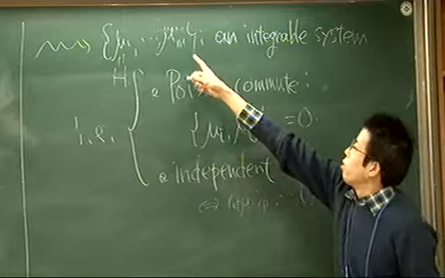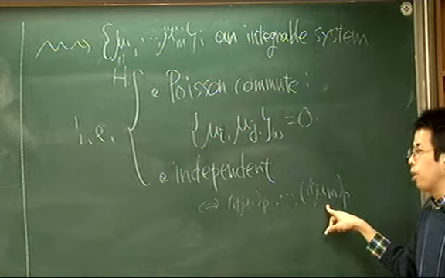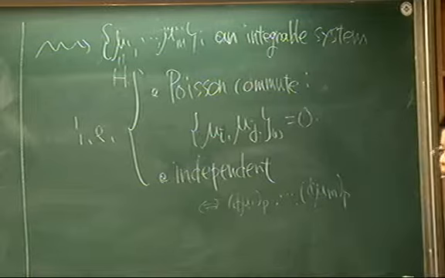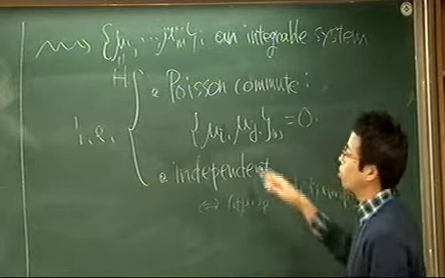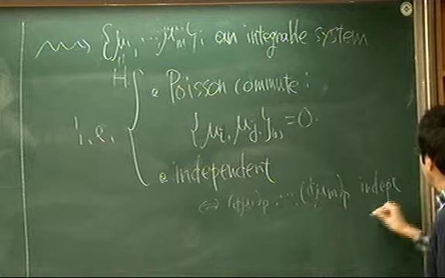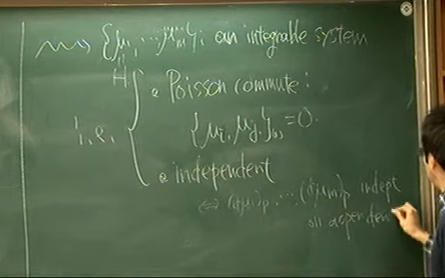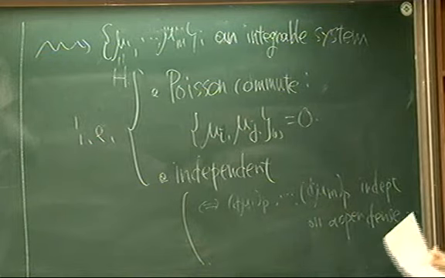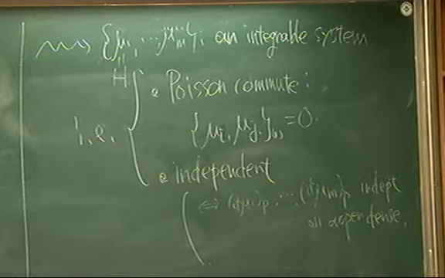The definition of these functions being independent is that the points where these one-forms are independent form an open dense subset of the original manifold. That means, more or less, the independence of functions.